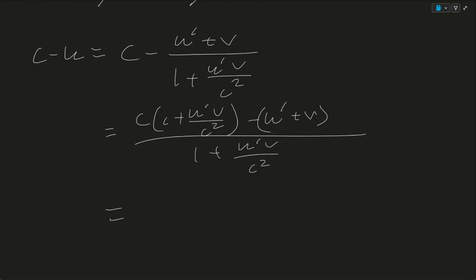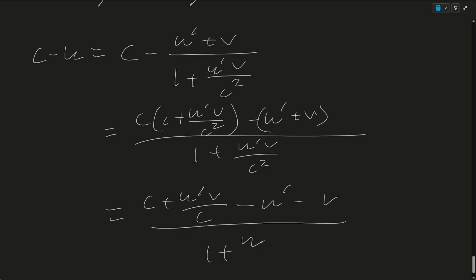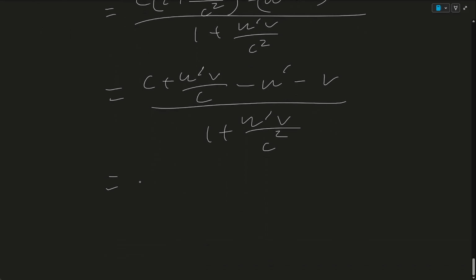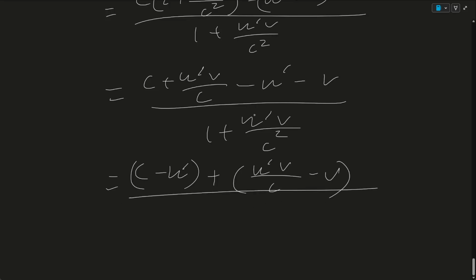Do a little expanding. c over c minus u dash minus v over 1 plus. This should all just be elementary algebra, so I'm not explaining it too much. Again, why do I keep thinking 4?